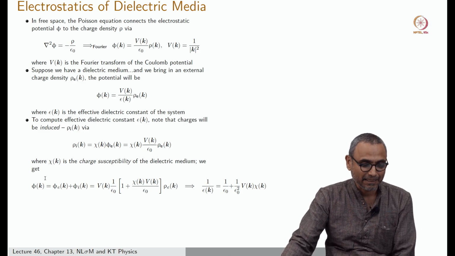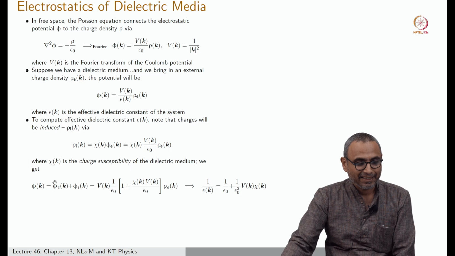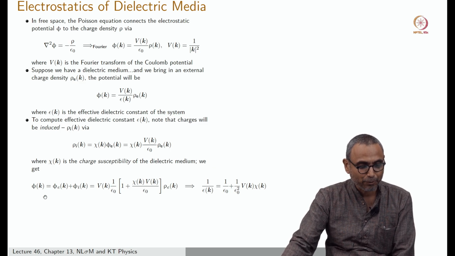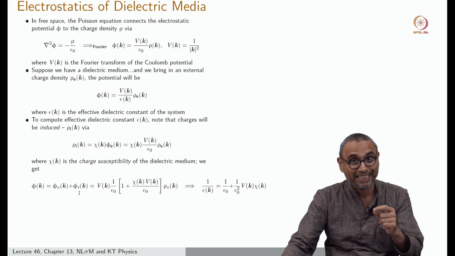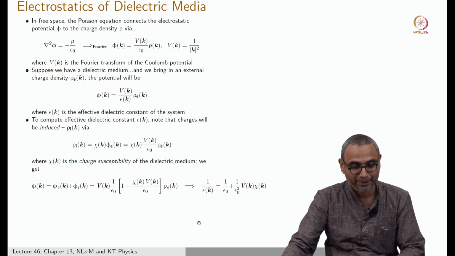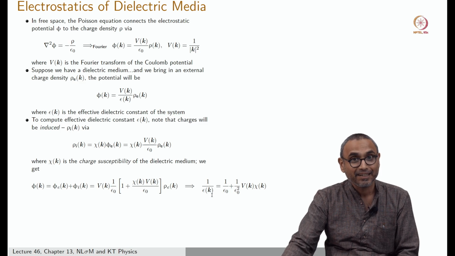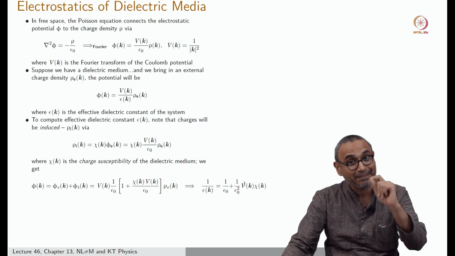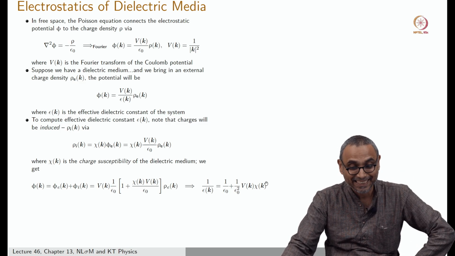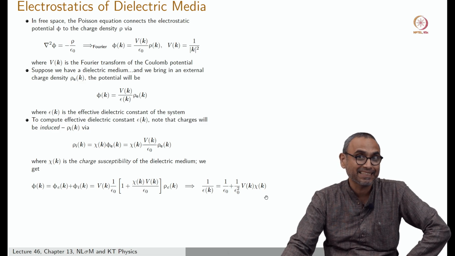So what is this chi k? It's the charge susceptibility. We take this now and say that the total potential is the external potential plus the induced potential. After a little bit of algebra, we are able to connect the effective dielectric constant of this dielectric medium, 1 by epsilon k, to the dielectric constant of vacuum times some property of the medium, which is the charge susceptibility.